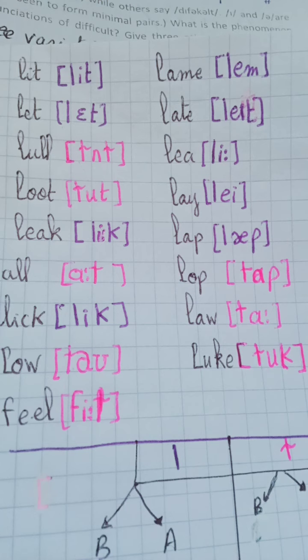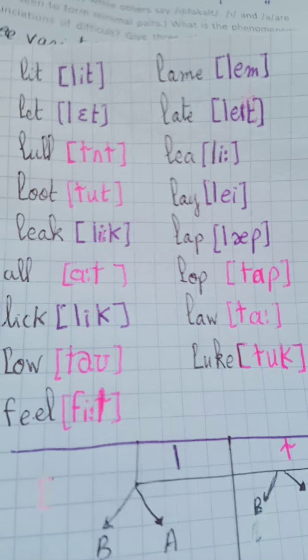When we are talking about allophones in complementary distribution, we should find the environment in which each one of those two allophones occurs. To do so, we should write or find the environment of each allophone in those words.